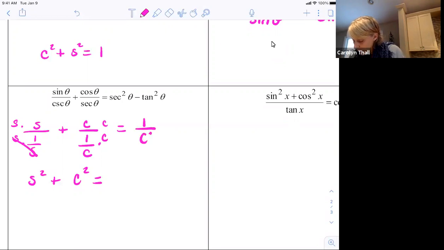1 over cosine squared minus sine squared over cosine squared. And if I combine these two fractions together, I have 1 over cosine squared minus sine squared over cosine squared. I feel like I messed up.